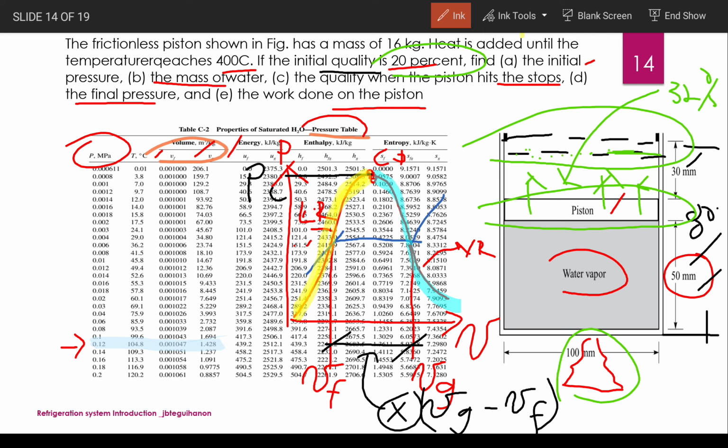Then the percent of your water increases, so it's becoming more vapor.